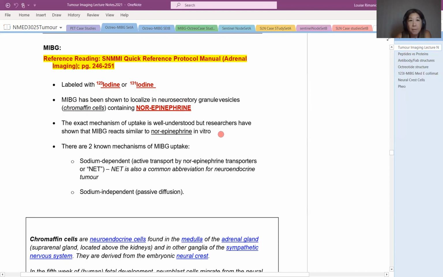And the exact mechanism is relatively well understood. What we know is that it does react similarly to norepinephrine in vitro. So that's why we often refer to it as an epinephrine analog.